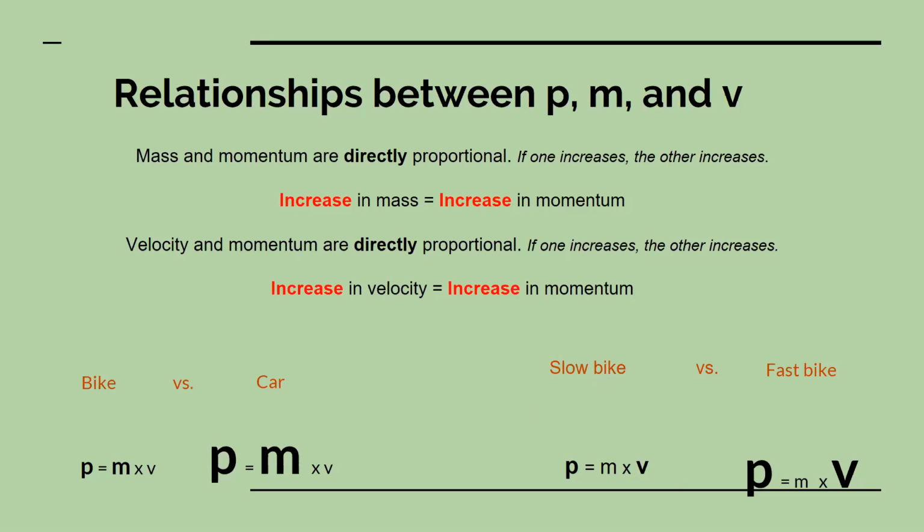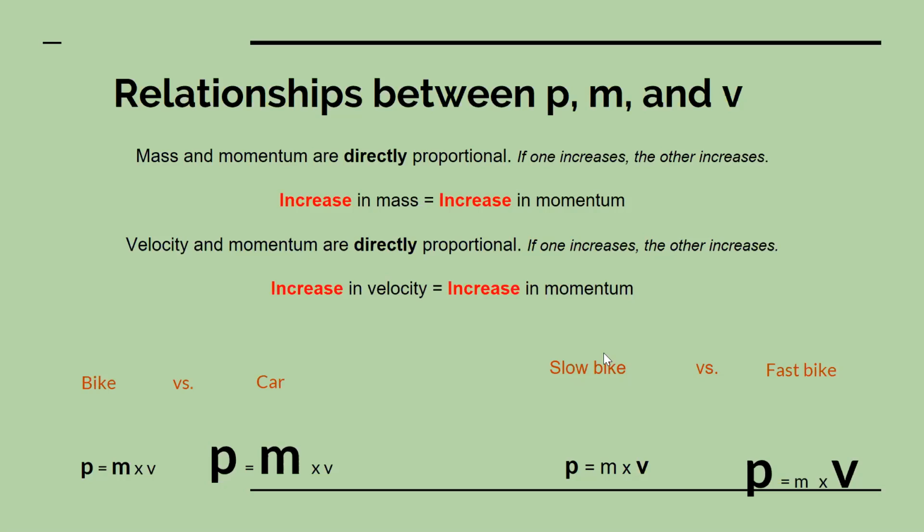If we do two people that weigh the same thing, they're both running towards a fence, and they're supposed to stop when they get to the fence. It is going to be harder for the one that's running faster to stop, even if they weigh the same amount. Let's say they both weigh 150. Even though they both weigh 150, the one that's going faster is going to be harder to stop.